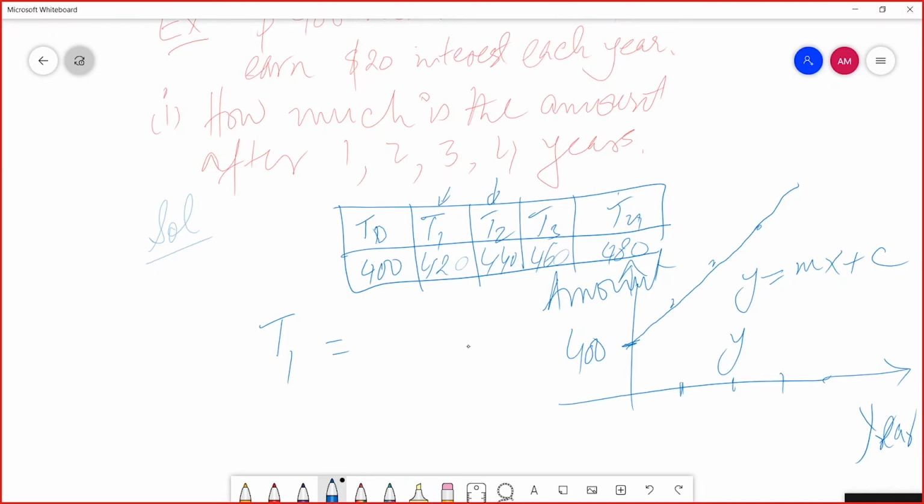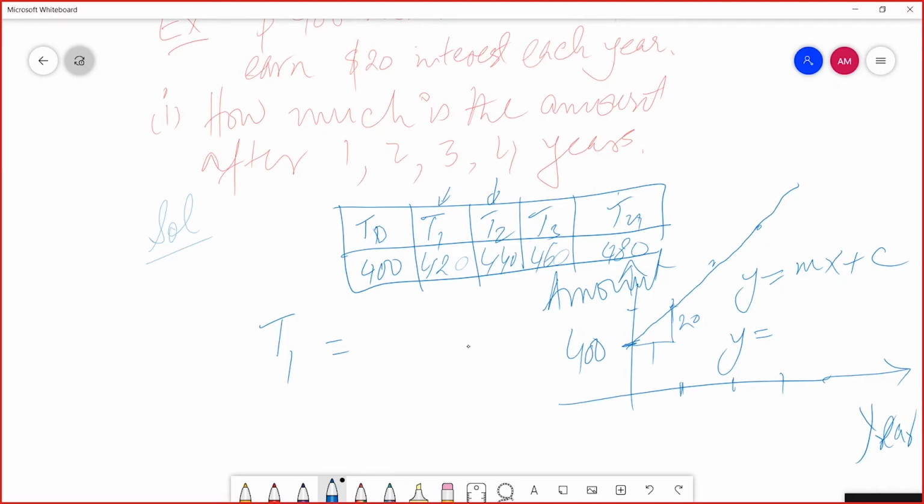Can you help me write this equation? Y is equal to rise over run. How much is the rise? 1 year, and it's 20 over 1. So what is m then?